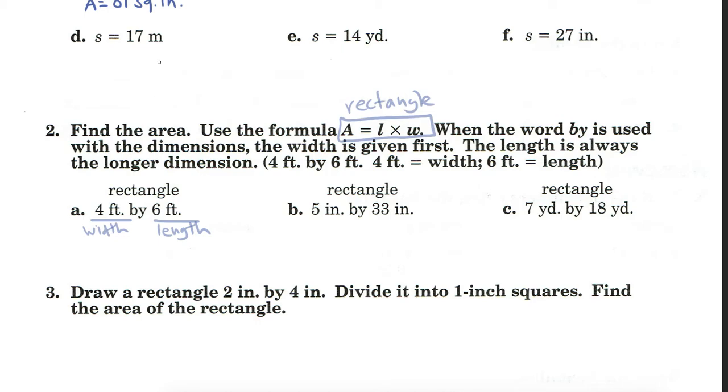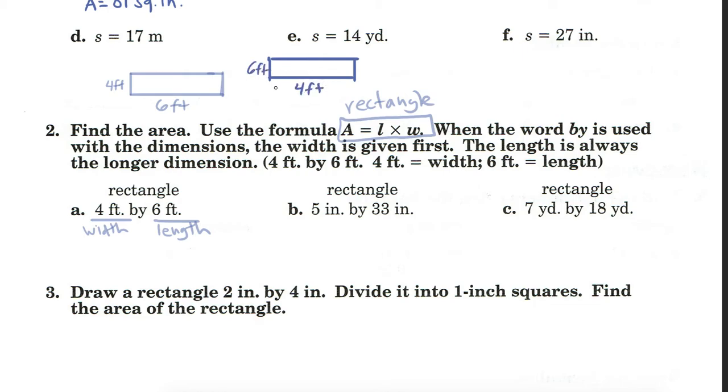And for a rectangle, you know that the longest side is always the length. This is my longest side here. In this example, the longest side of my rectangle is 6 feet, and the width is 4 feet. You can tell just by looking at this picture that it wouldn't make sense if I wrote 6 feet here and 4 feet here.